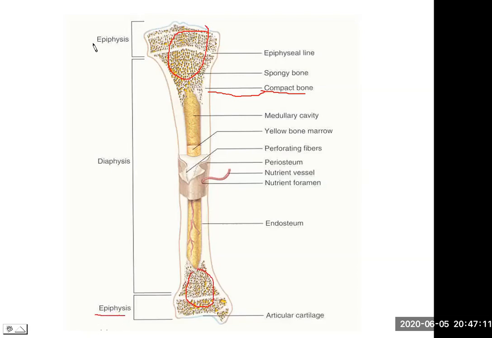That's the ends of a bone. That's where we find this higher percentage of spongy bone, where the most force is being put onto it. Our knee joint would be here, our ankle joint down here. So where we're transferring force from bone to bone, where that force is severe, we have the spongy bone located.